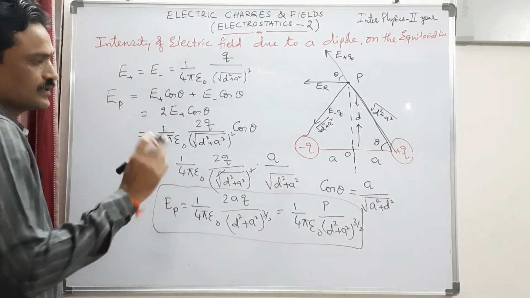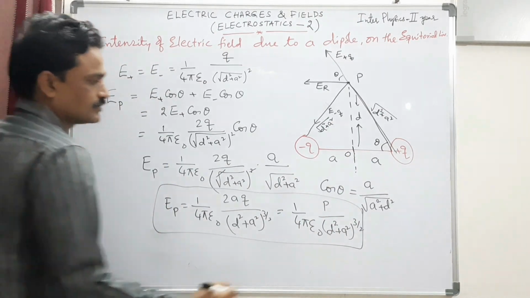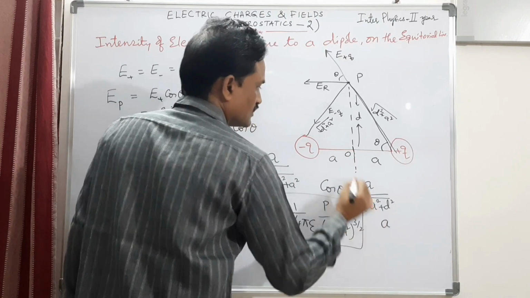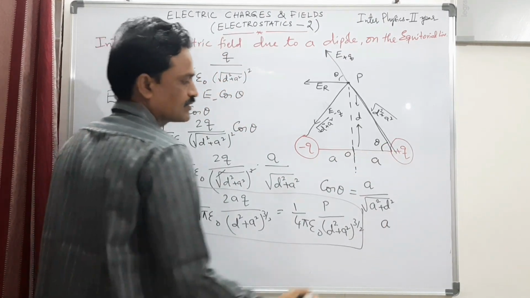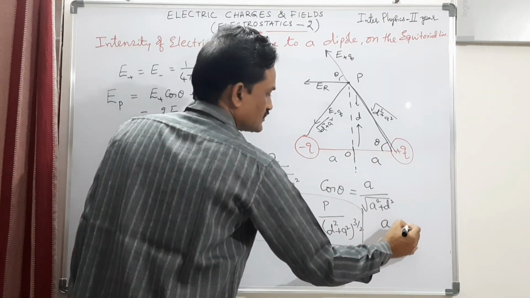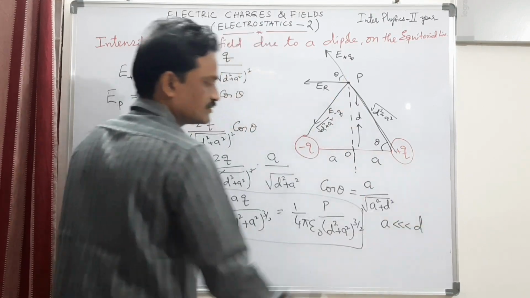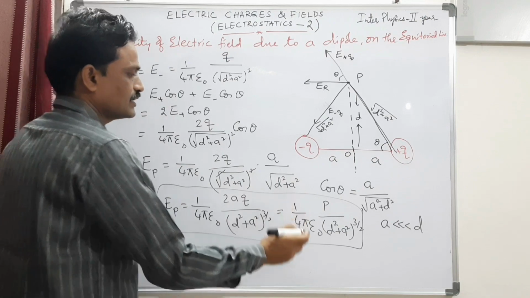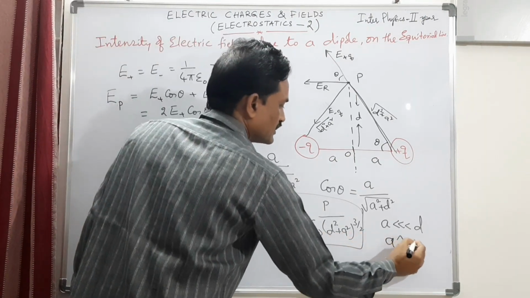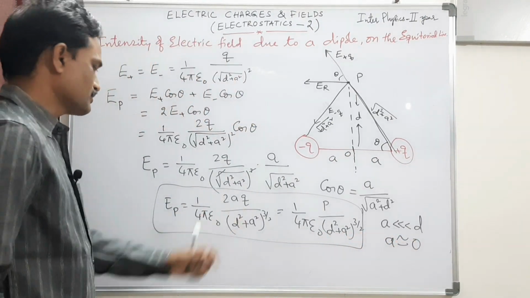As I told you, for an electric dipole, the length of the electric dipole is always very much less than the distance that we have taken, that is d. So in this case, a can be neglected. So I can write a is equal to 0.